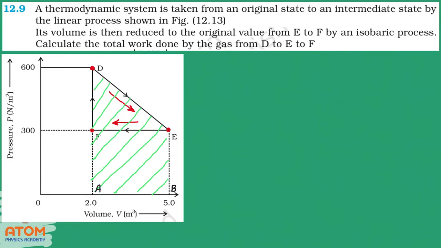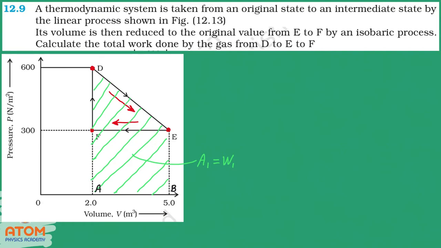So the area of this portion, let me call it A1, gives the work done while moving from D to E. Let me call that work W1. So area A1 will be giving me work W1.